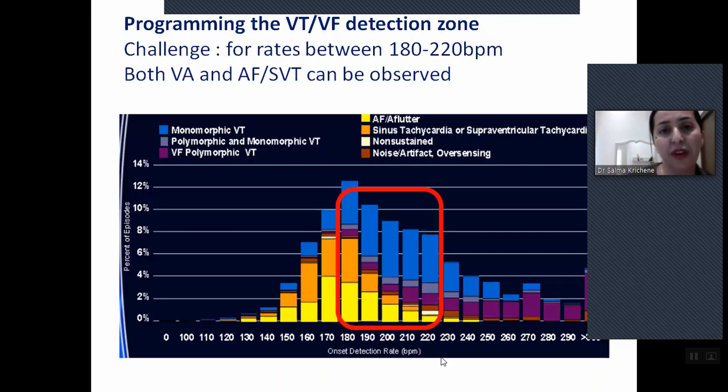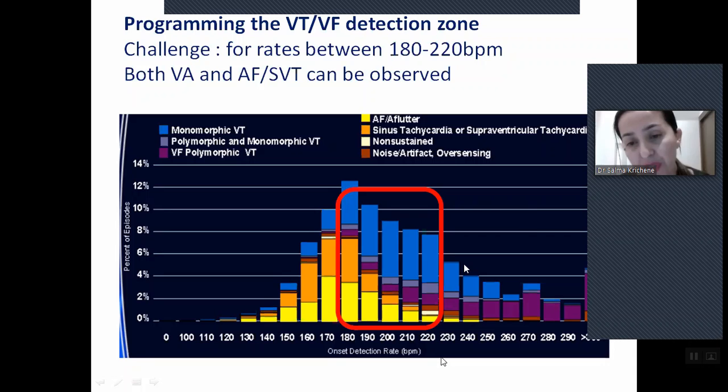How can we program the ventricular arrhythmia detection zone? If we look at this histogram, we can understand that below 180 beats per minute, we have in the majority of cases supraventricular tachycardia, including sinus tachycardia.